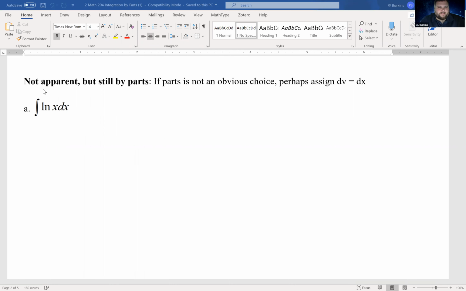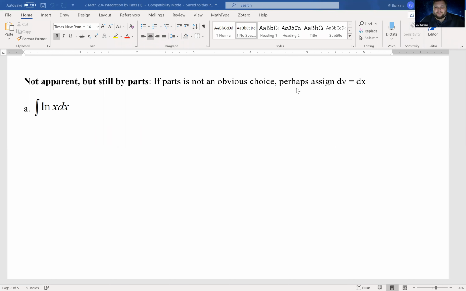So these ones here say that they're not apparent, as in you look at it and for by parts, we are trained to say, okay, we need 2 functions. But if you look at this integral, there's only a single function here, right? It's natural log x dx. So that's why it says it's not apparent to be done by parts, but you still can use it.